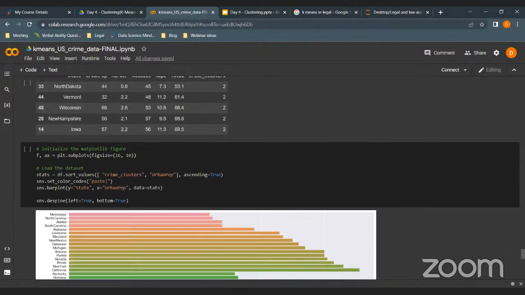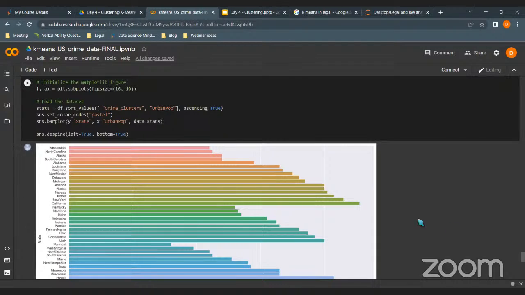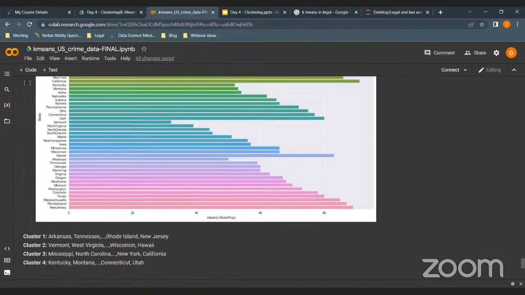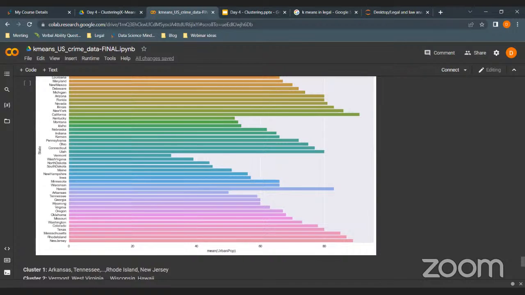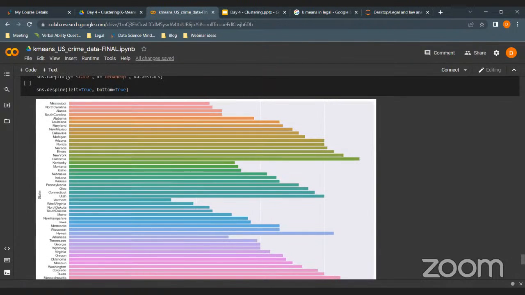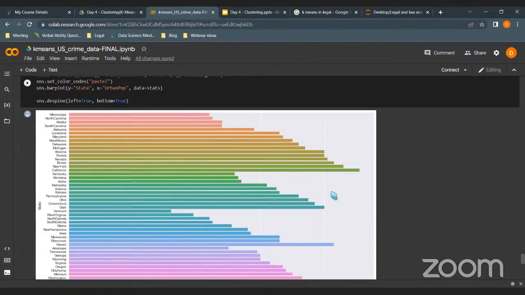So let's go to the conclusion. If we consider everything, we can see that these crimes are not that dependent on urban population.